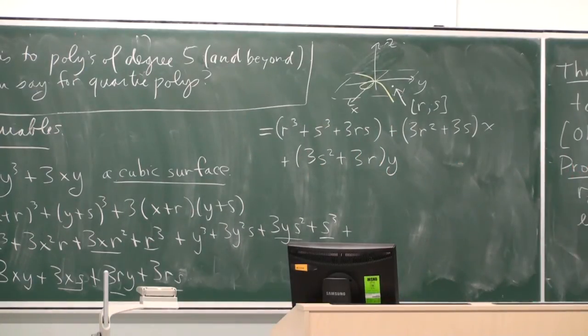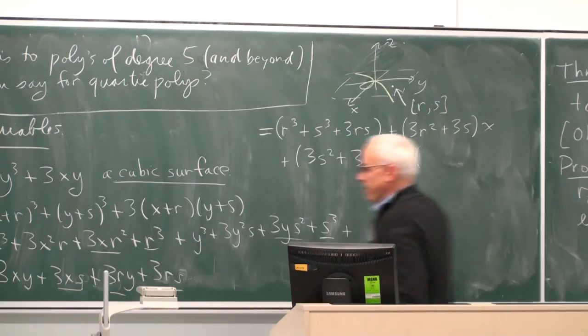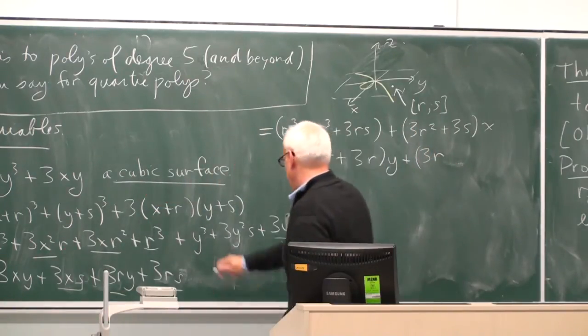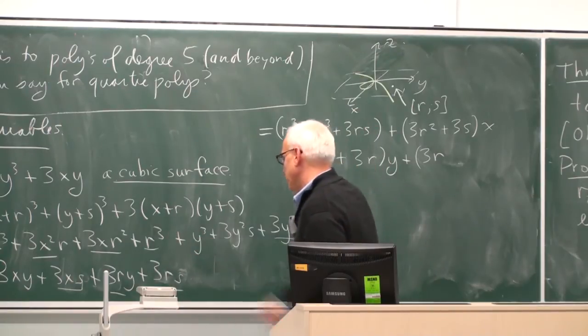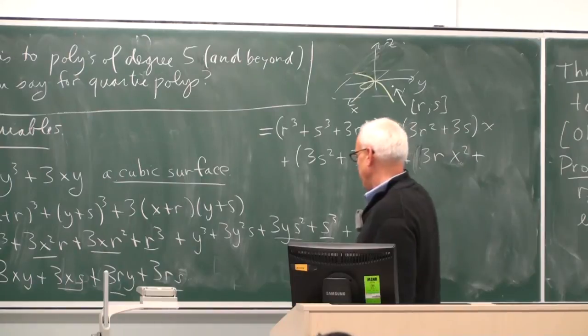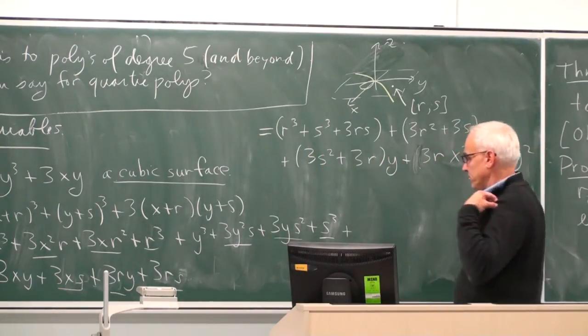And then there'll be the quadratic terms, starting, say, with x squared. So there's a 3r x squared there. And there's no other x squared. So 3r x squared and 3s y squared.